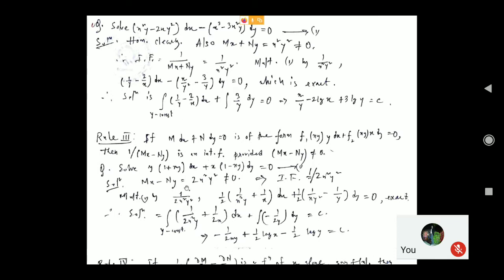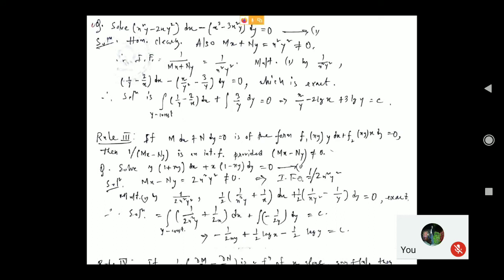And also Mx minus Ny is equal to 2x squared y squared, which cannot be 0, because otherwise either x or y must be equal to 0, but the dependent or independent variable cannot be 0, because then the equation will not make any sense.